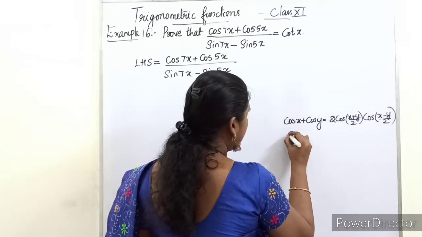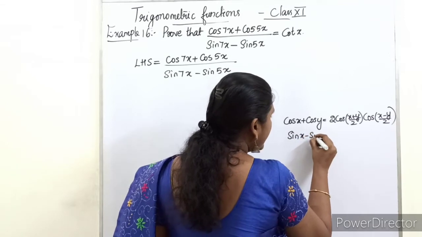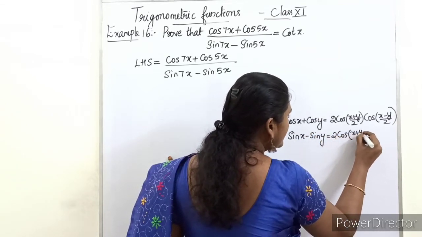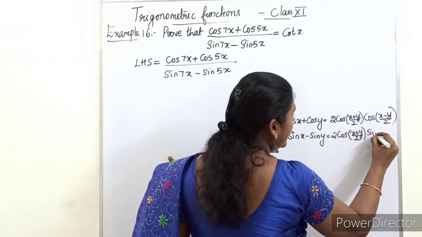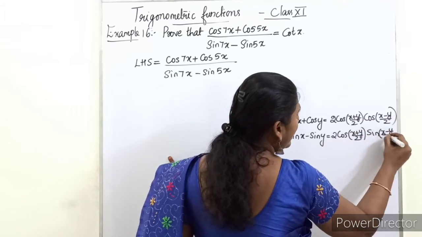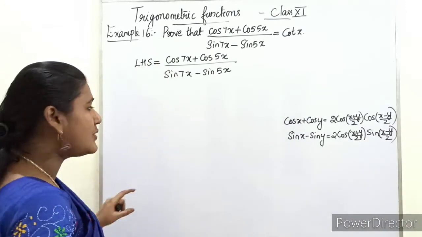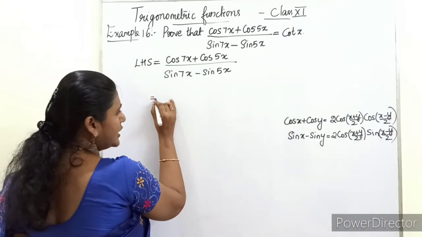Similarly, what is sin x minus sin y? Sin x minus sin y is 2 cos of x plus y by 2 into sin of x minus y by 2. So this is the identity. Okay, so using this identity we are going to simplify both numerator and denominator.